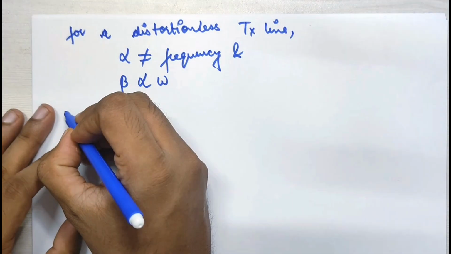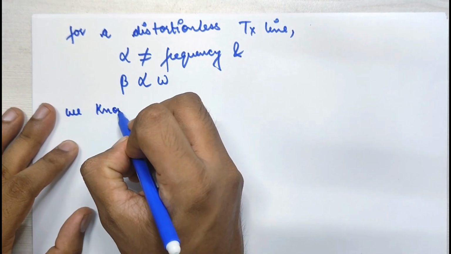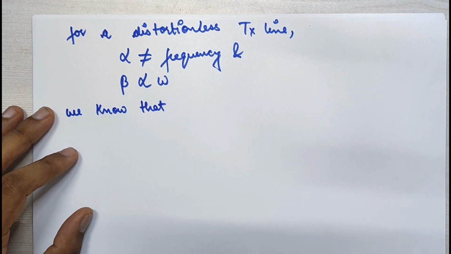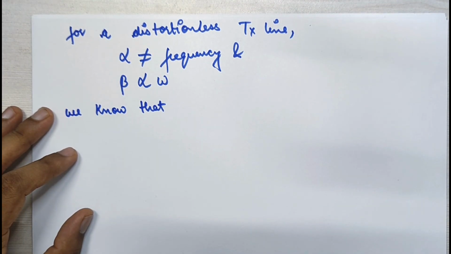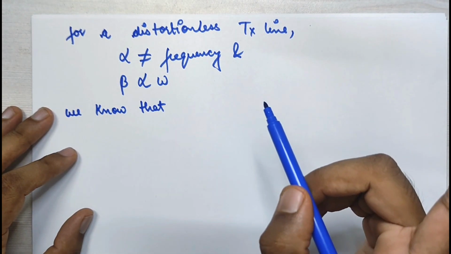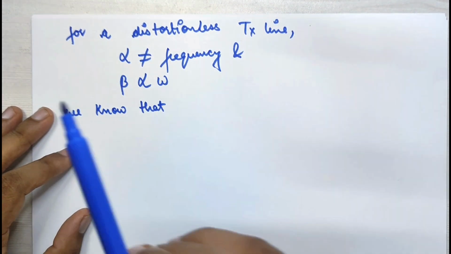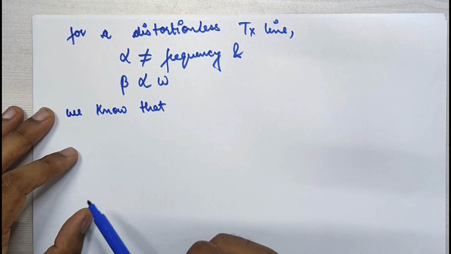We know the propagation constant gamma, right? Through that we will find alpha and beta, and we will make sure under the distortionless transmission line condition that alpha should not be dependent on frequency and beta should be linearly dependent on frequency, right?